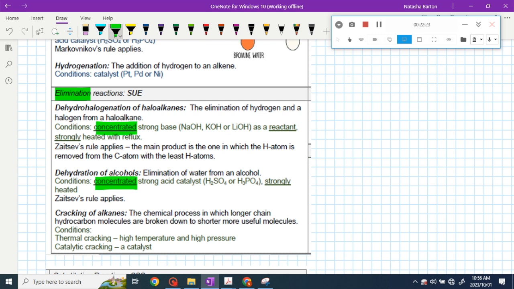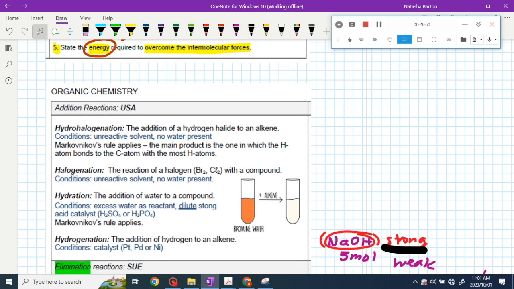Think about it, elimination, we're trying to take something out completely, so we need something concentrated. There's a difference between the term concentrated and strong. Something is strong, especially acids and bases, based on how they dissociate or ionize in solutions. Okay, guys, if any of you have attended any SIP classes, that is actually where I learned this from.